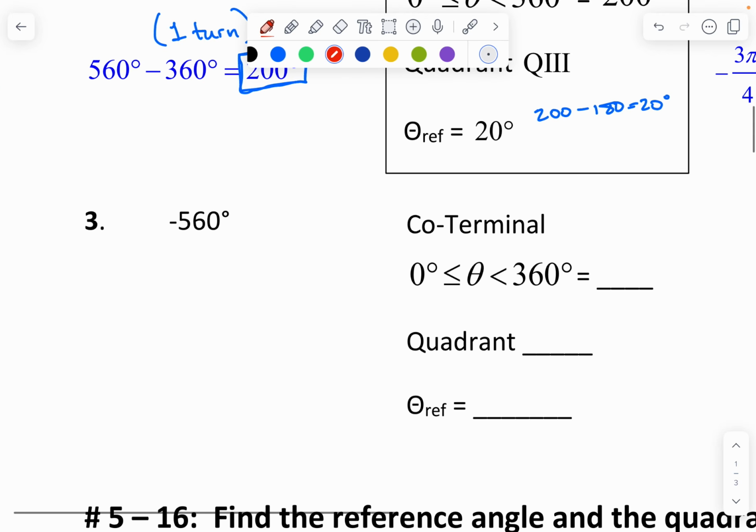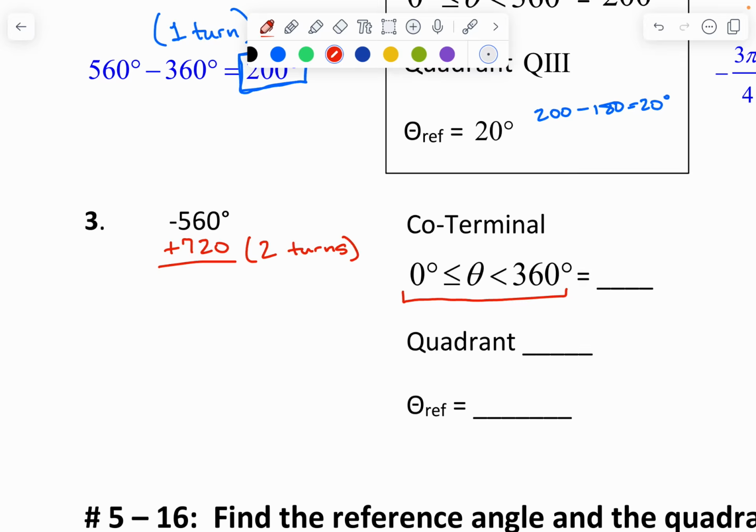For this first one, we have negative 560. This angle is too small. It's too negative to fall into this restricted range. I know that 1 turn isn't going to get me there, so I'm going to go ahead and add 2 turns, okay? 2 positive turns.